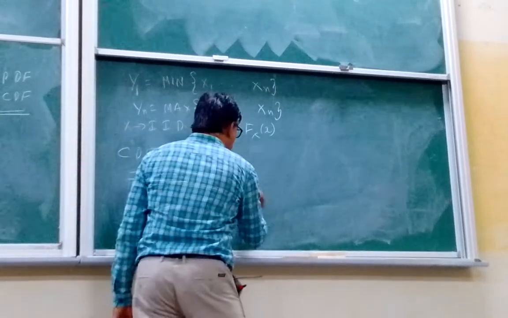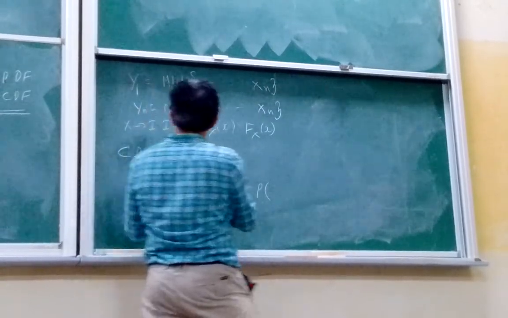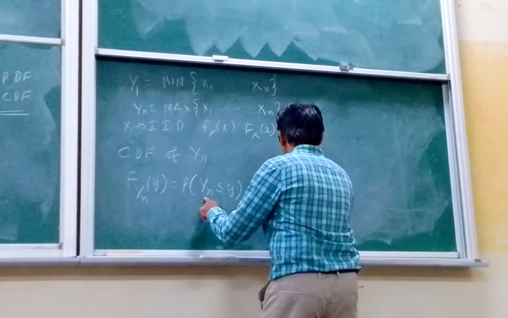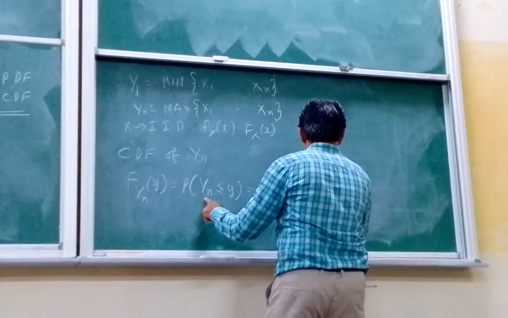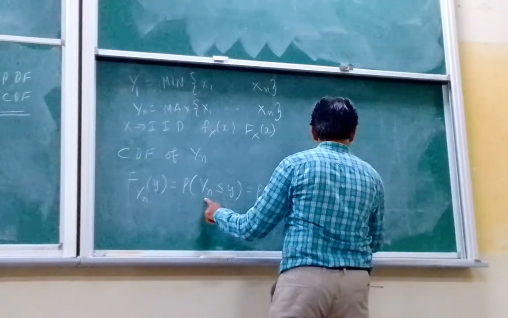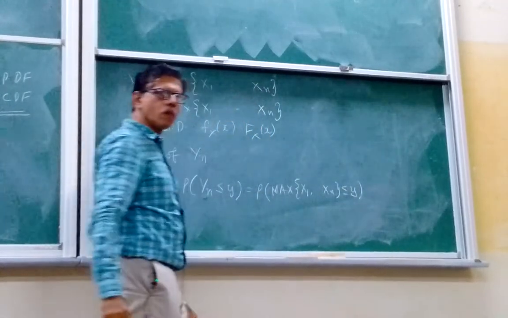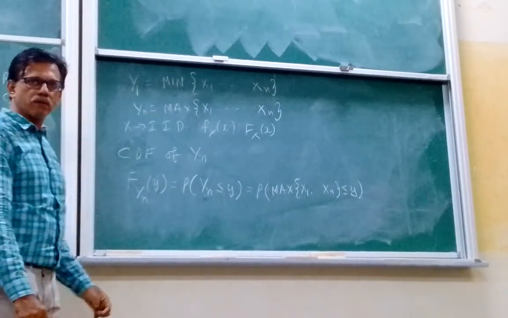Again, what we will do is write the definition of Y_n in this place. What is the definition of Y_n? Max of X1 to Xn less than or equal to y. Right? Because Y_n is max of X1 to Xn.